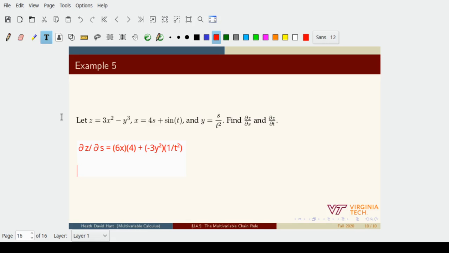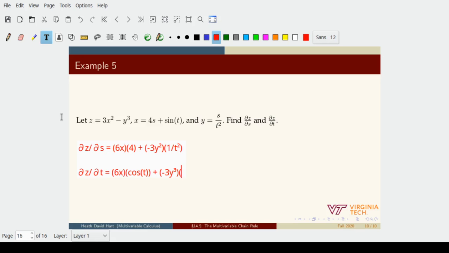That's it. And then the partial derivative of z with respect to t, we'll take the derivative of z with respect to x, that's still 6x. But this time we're going to multiply it by the derivative of x with respect to t, that's going to be cosine of t, plus the derivative of z with respect to y, times the derivative of y with respect to t.